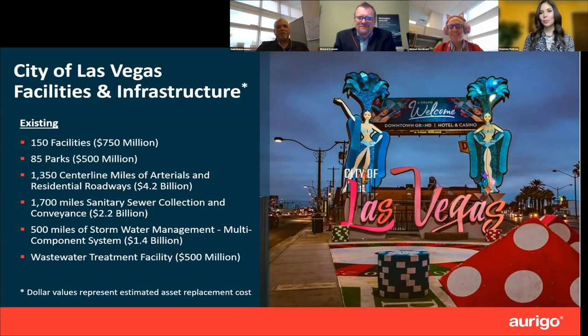So let's talk a little bit about the city. We used an RFP, as I said, and multiple firms responded. We had a lot of things to consider. One was the diversity in the type of contracts that we need to manage. We had a very strong need for something that would integrate with our financial system, which is Oracle.